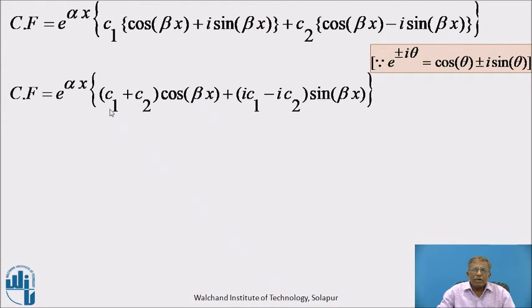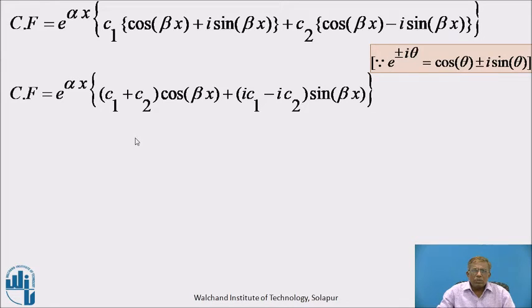Now we have to simplify the right hand side. CF equal to e raised to alpha x as it is, and in bracket collect the coefficient of cos beta x, we get in bracket c1 plus c2 into cos beta x plus, now collecting the coefficient of sin beta x, we get in bracket i c1 minus i c2 bracket close into sin beta x and then curly bracket close.